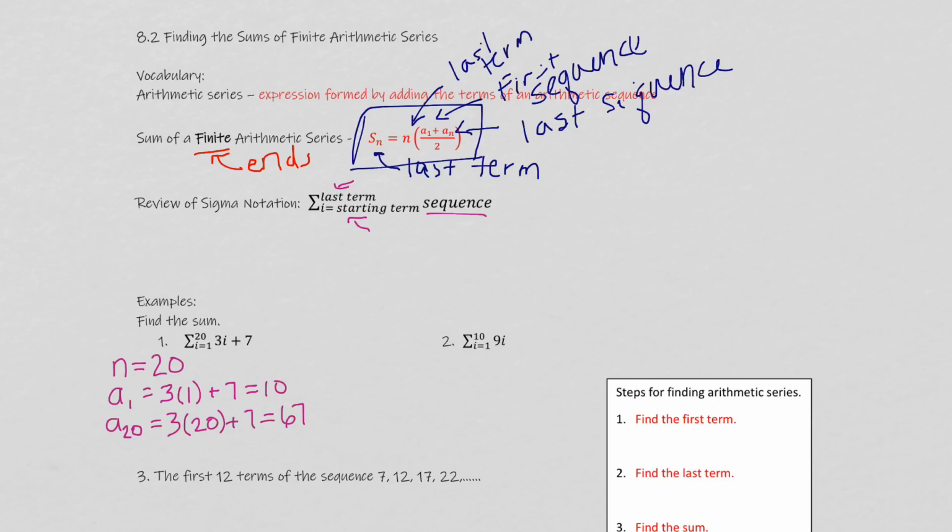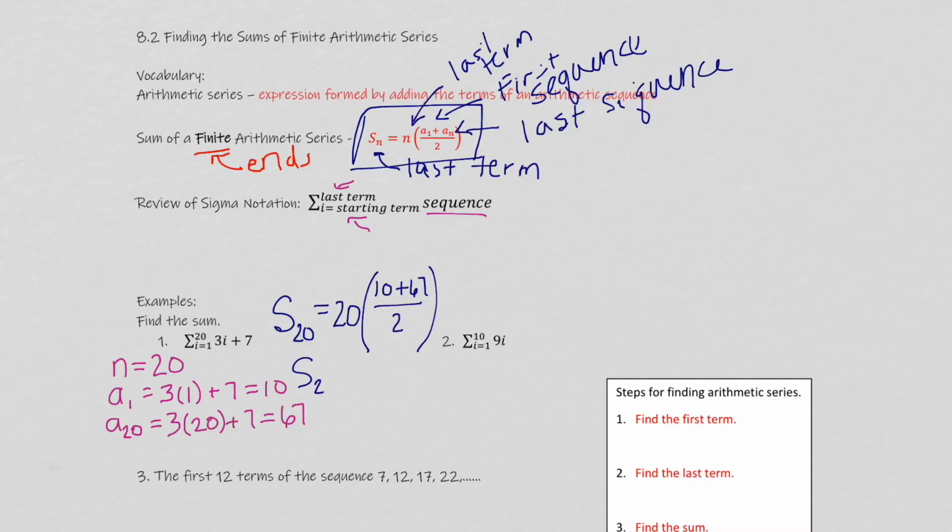All right. So that's the information I need for the summation, and now I'm going to plug all of that into the formula. I'm going to do the sum of the first 20 terms of this sequence. According to my formula, I take the number of terms times the first term, which was 10, plus the last term, which was 67, that 20th term, and I divide by 2.